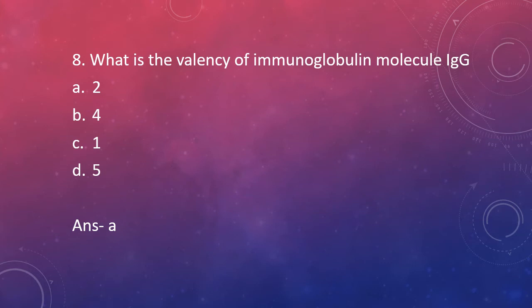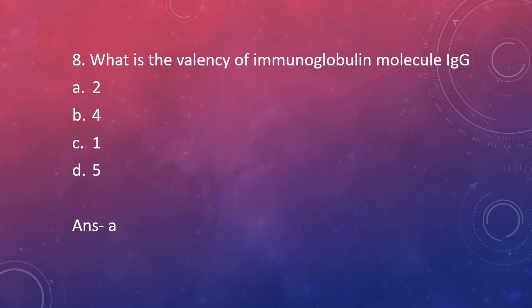In an immunoglobulin, there are two variable regions and one fixed region. So the variable regions can bind to antigens. So the number of antigens that an immunoglobulin molecule can bind to refers to its valency. Since there are two variable regions, each IgG can bind to two different antigens. So the valency of immunoglobulin would be 2.